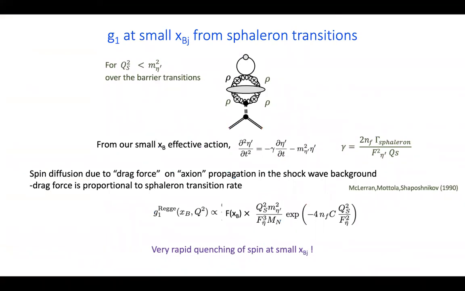Think of these as additional sources that couple to the topological susceptibility. And what they do is they don't change the mass, actually. They don't affect the mass of this object, but they do change its propagation. So the eta-prime propagation is affected in this medium because of this interaction of large numbers of sources.